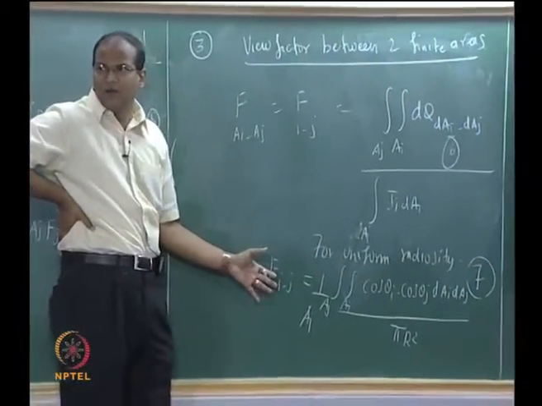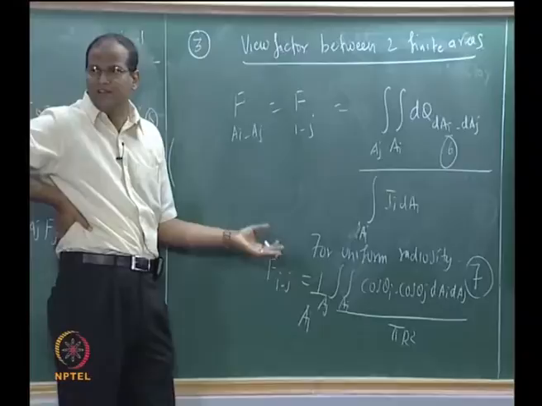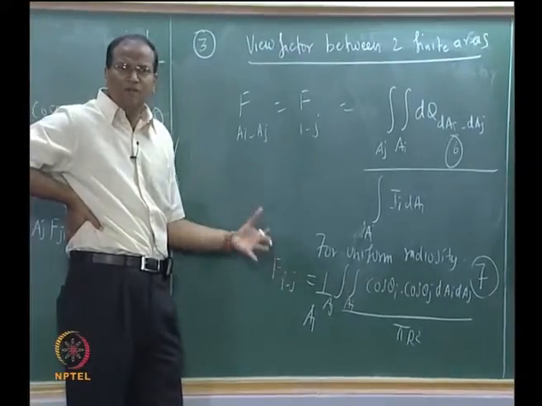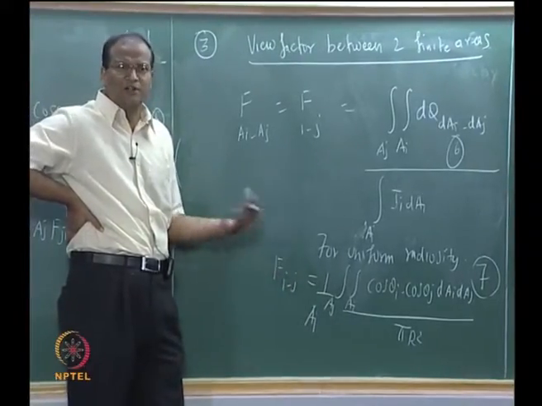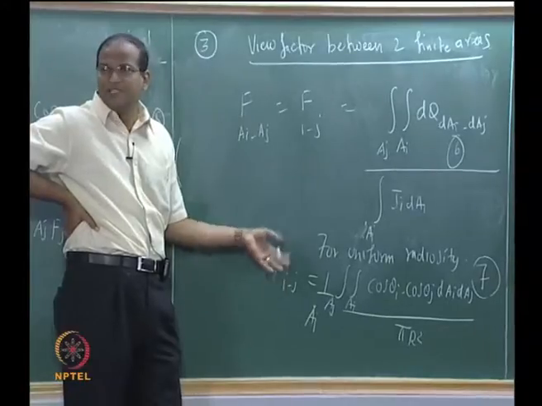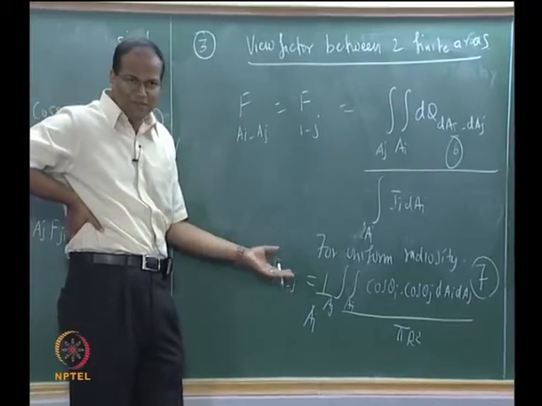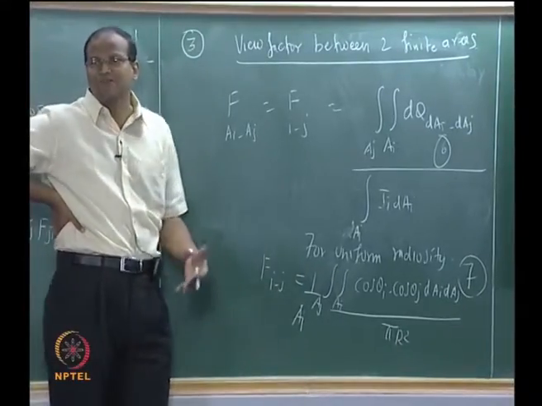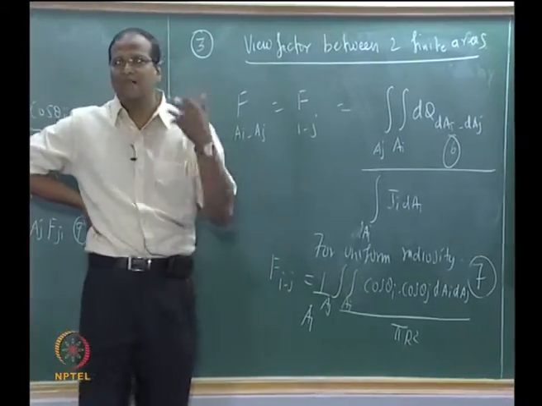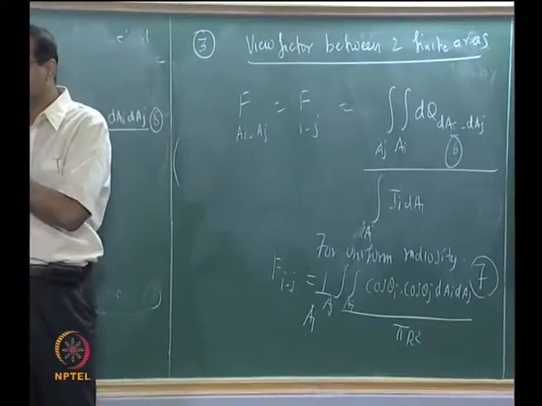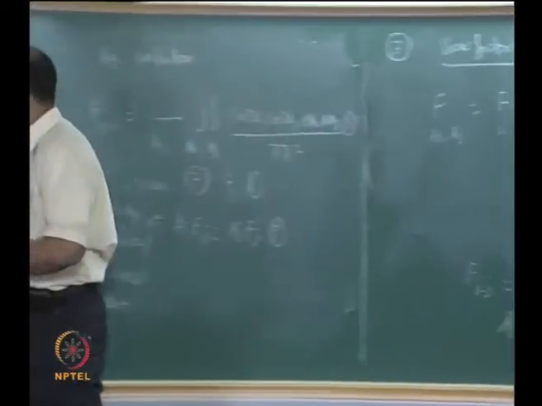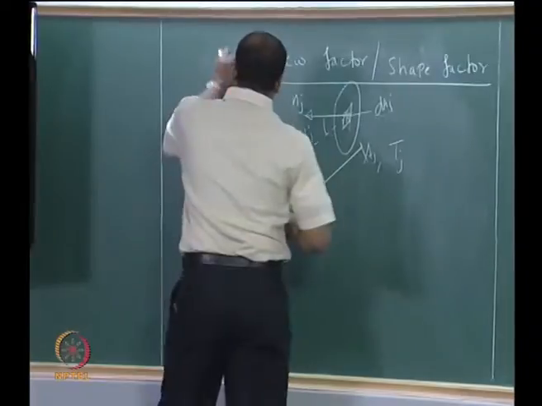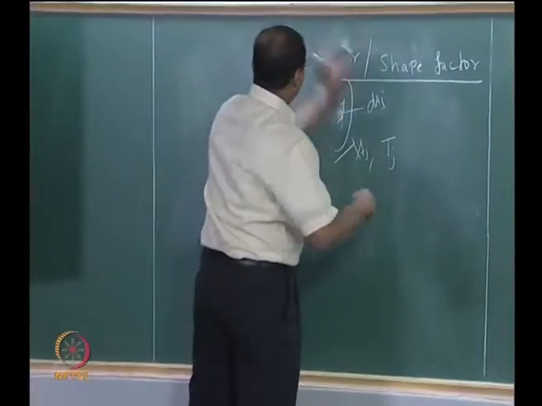If you can write your program and you are computationally rich, use this and get view factors between whatever surfaces you have. But since this could be very messy and involve a lot of computational time and effort, can we simplify for simple surfaces and simple enclosures? Yes, there are ways. That is a very interesting field called view factor algebra.